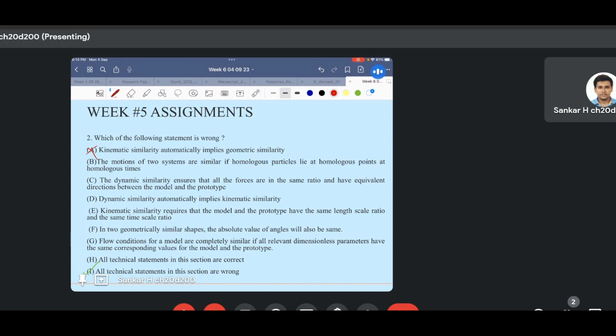The motions of two systems are similar if homologous particles lie at homologous points at homologous times. That also we cannot say. Therefore, if we consider each and every option, you'll see that all the options are in fact wrong. Therefore, the correct option is all technical statements in this section are wrong.